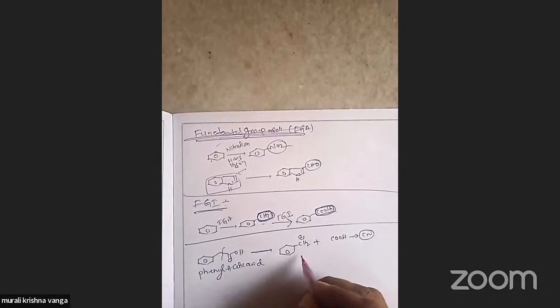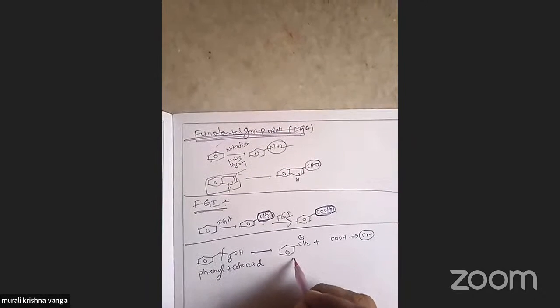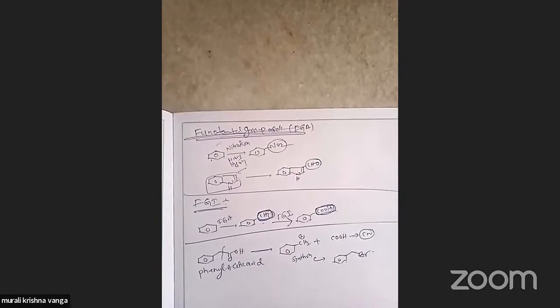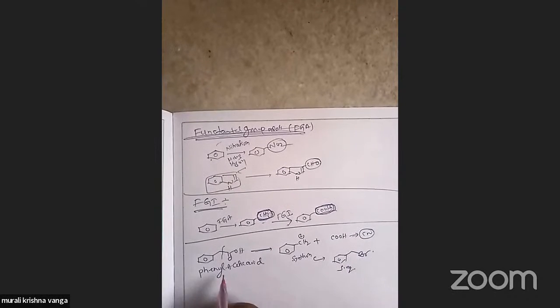This benzyl carbocation is a synthon. The synthetic equivalent of the benzyl carbocation is benzyl bromide. So the synthesis of the target molecule, phenyl acetic acid, is from benzyl bromide.